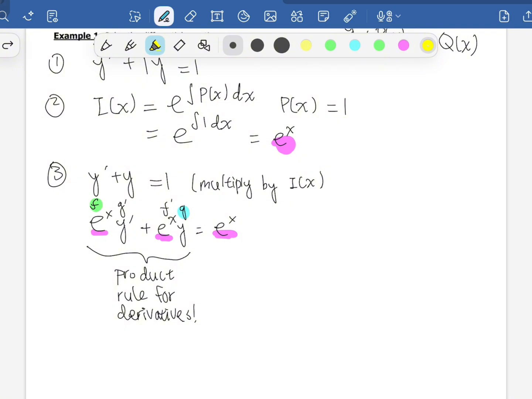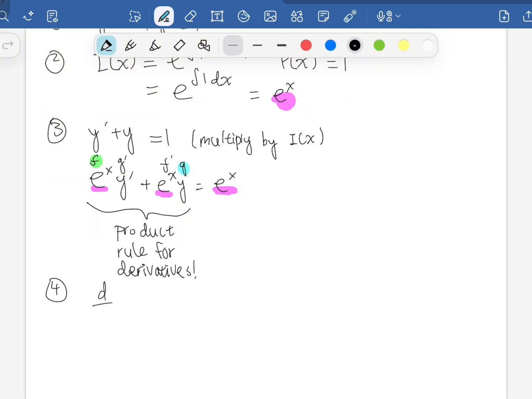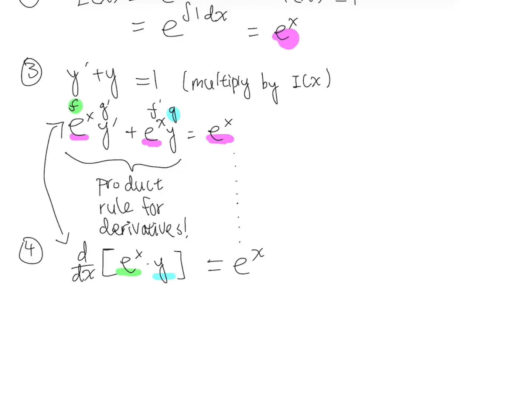So this brings us to step 4. The derivative of our original function, f times g, let me color code this, our f and our g, equals e to the x.